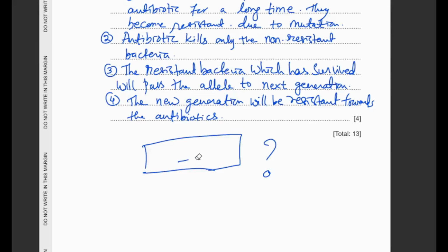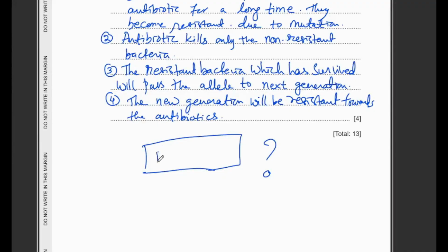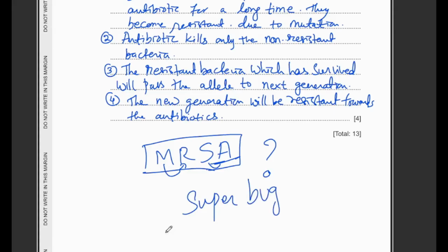It's not MARS. It happens sometimes. MRSA: methicillin resistant Staphylococcus aureus. My bad. MRSA, methicillin resistant Staphylococcus aureus, is also called the superbug. The example in the textbook is given, right? Superbug. My bad, I'm sorry.